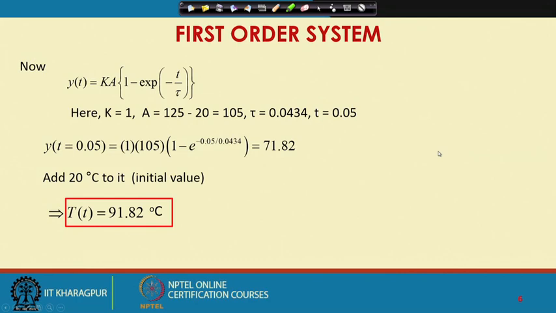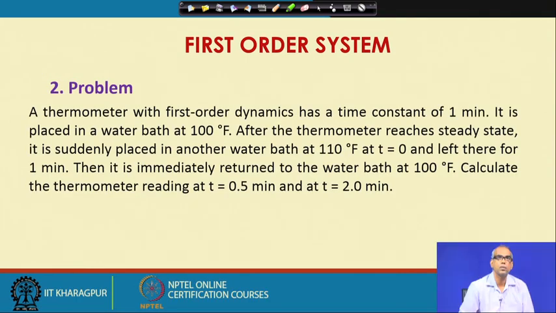So, now let us take another example. Again, it is an example of a first order instrument, a thermometer. A thermometer with first order dynamics has a time constant of 1 minute. It is placed in a water bath at 100 degree Fahrenheit.